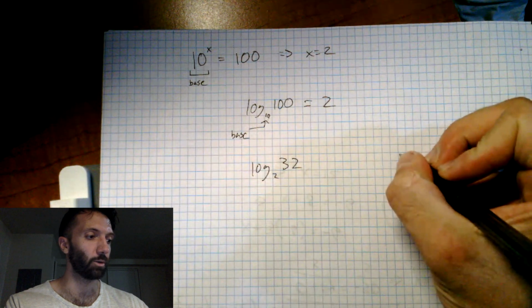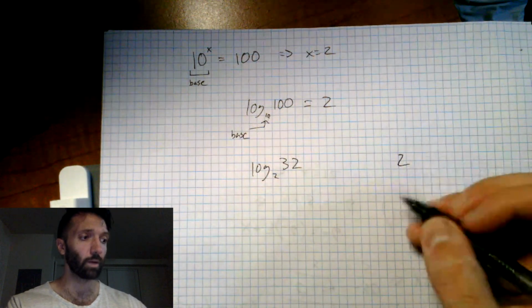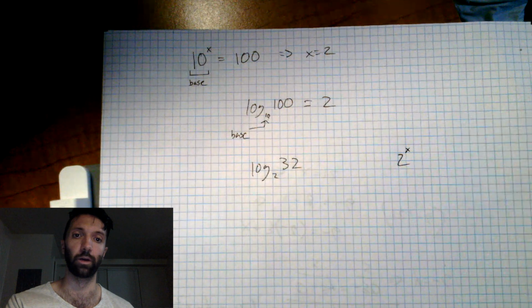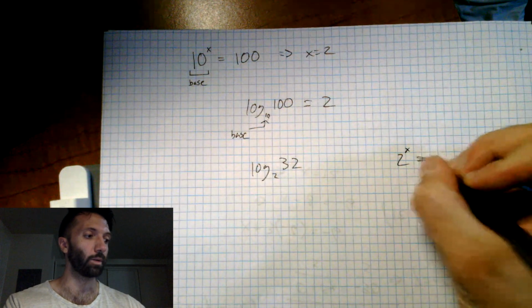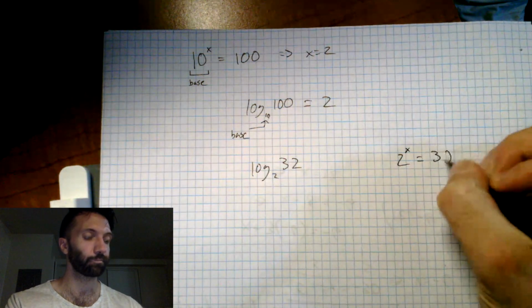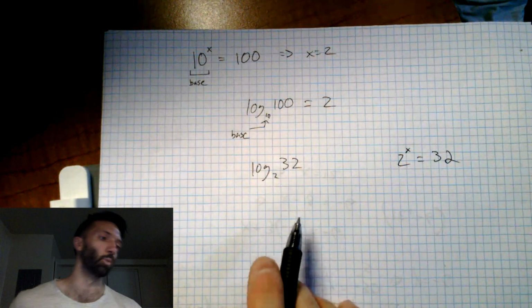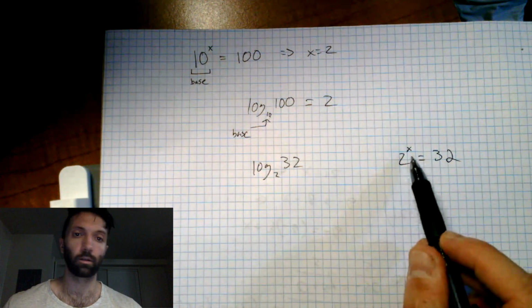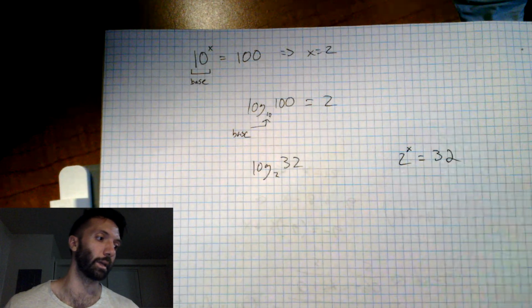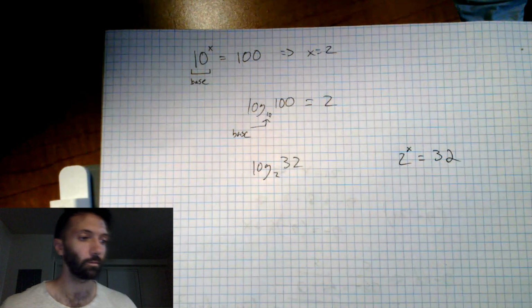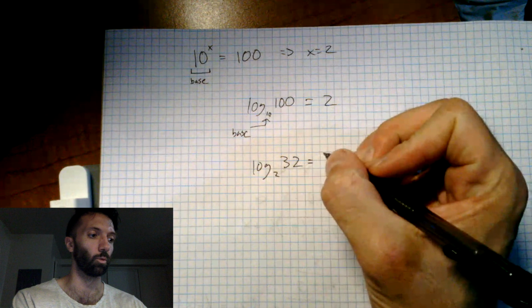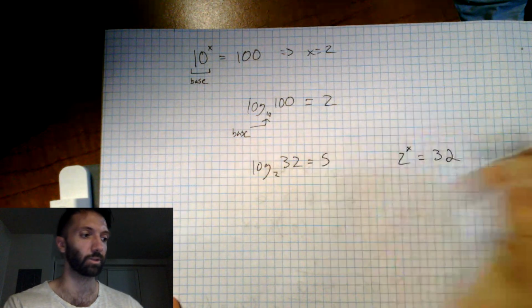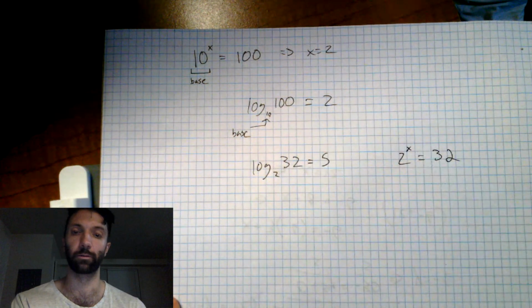So I have 2 as my base, raised to some exponent that I don't know, and that would give me 32. What exponent would you raise the number 2 to get 32? The answer to that would be 5, because 2 to the 5th power gives me 32.